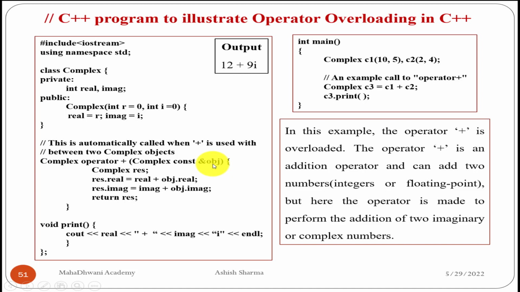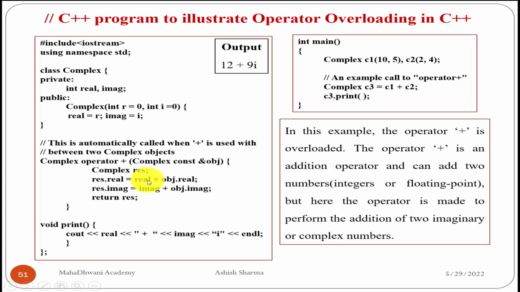So we will see now. First we have taken a variable of Complex type, so this is called an object, the reference variable of the class. Then res.real, where res is the object name for the result. res.real is assigned real plus obj.real. Don't be confused with this. The right-hand side is read first: real with obj.real.